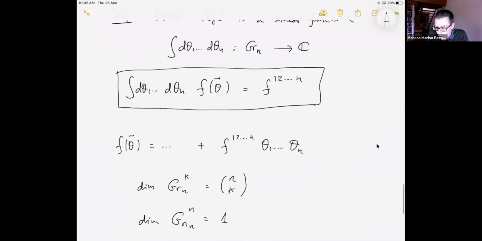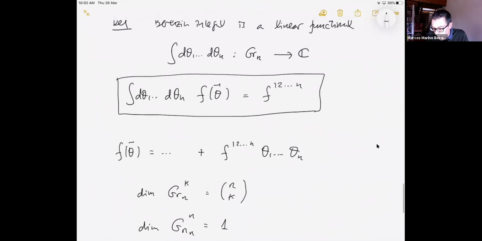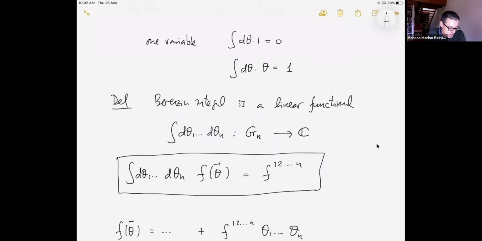You see, it's the higher n generalization of what happens when you have just one single variable. Is this clear, how this Berezin integral works? This is a definition.